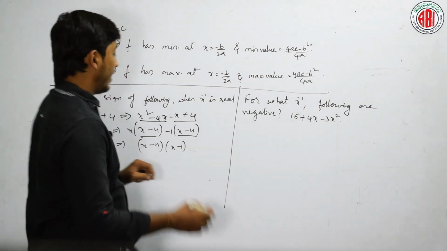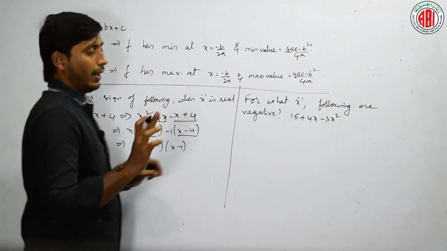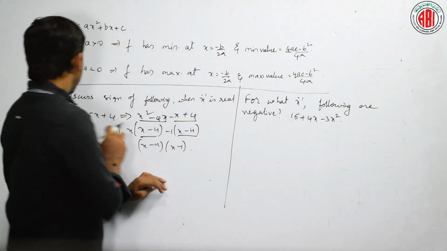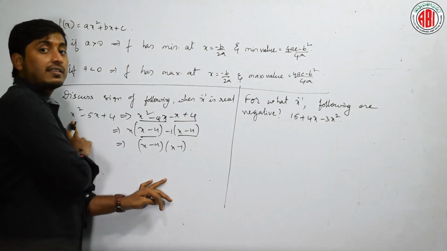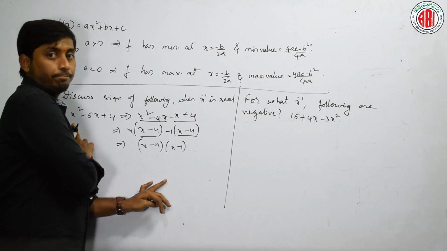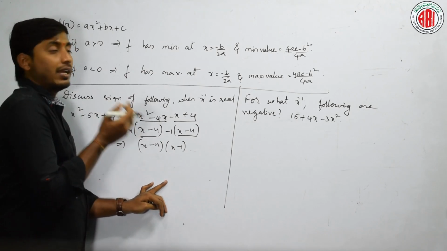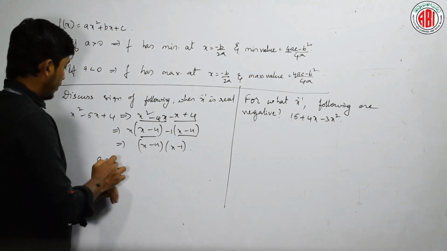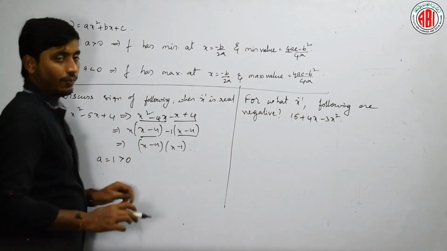What are the values now? 4 and 1. Next, here the x square coefficient is positive, yes or no? Then what are the ranges? Here a is equal to 1, which is greater than 0.